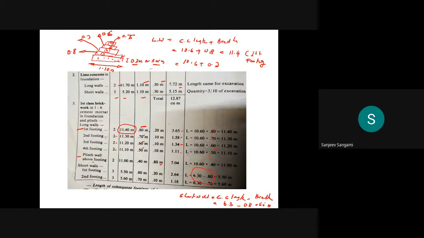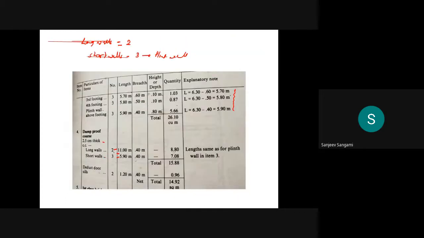The plinth wall above footing only. That is length. Then breadth, it is 0.4, and you don't have any height, because he has already given 2.5 centimeter thick CC. Then no need to consider that.